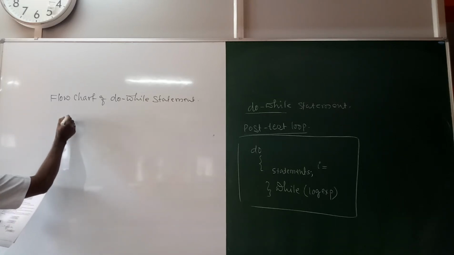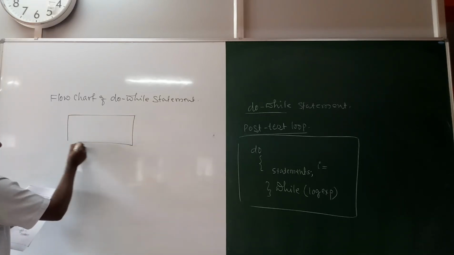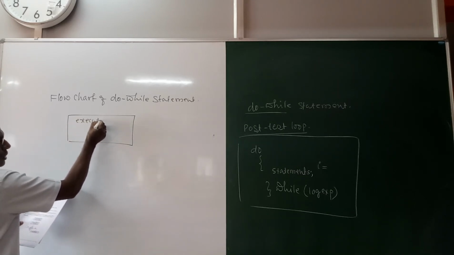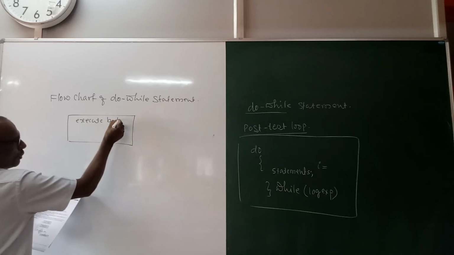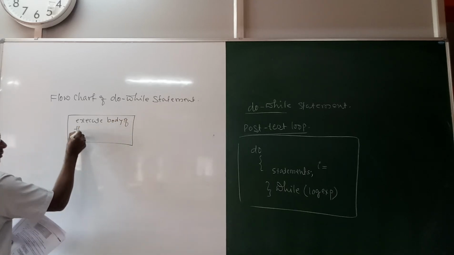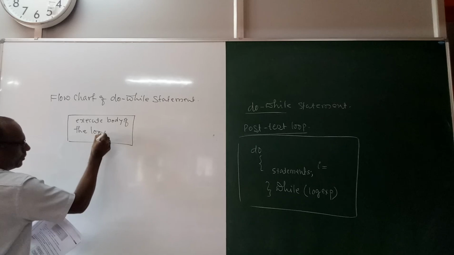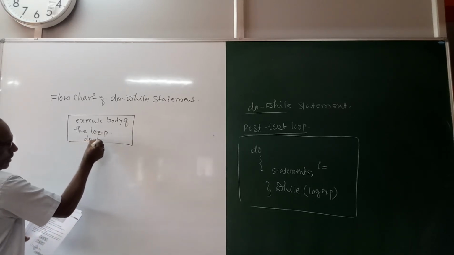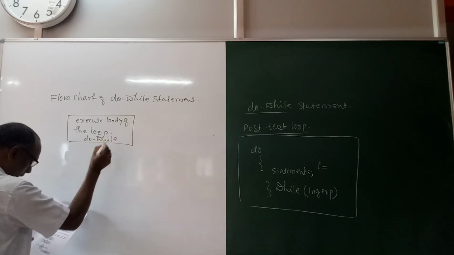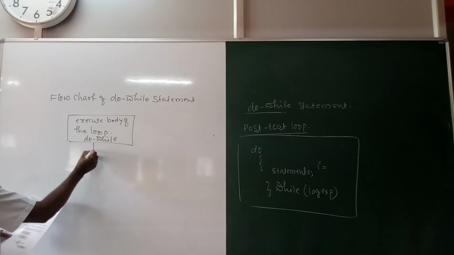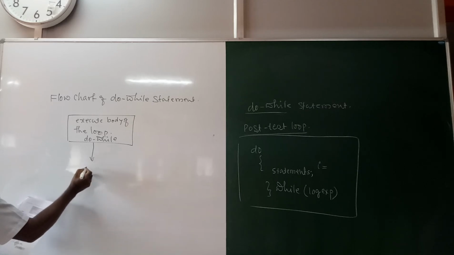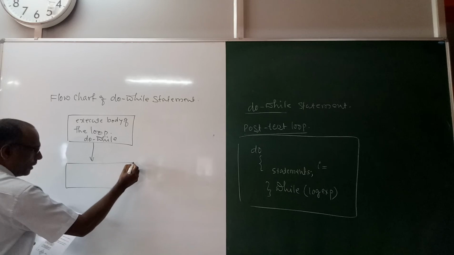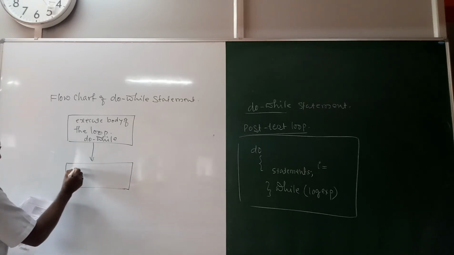So this first block is execute the body of the loop, that is the do while loop, and then it goes to evaluate the logical expression.